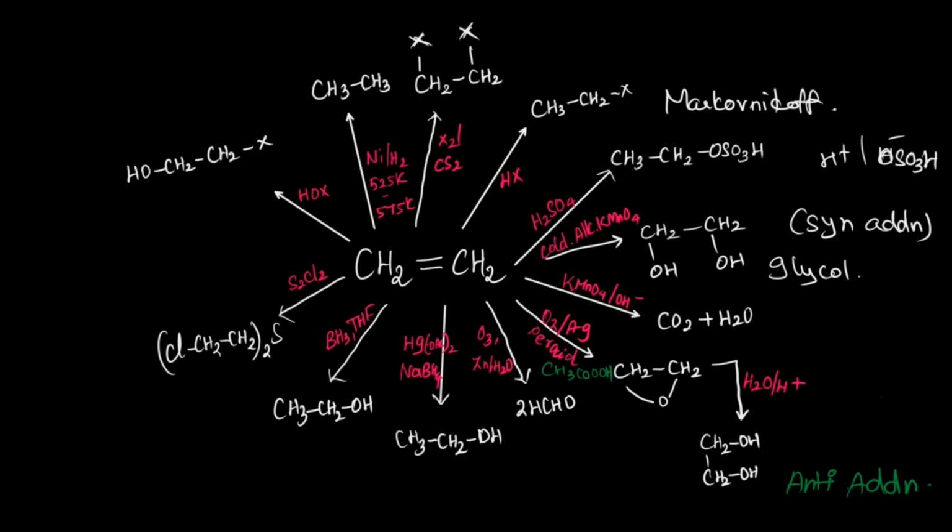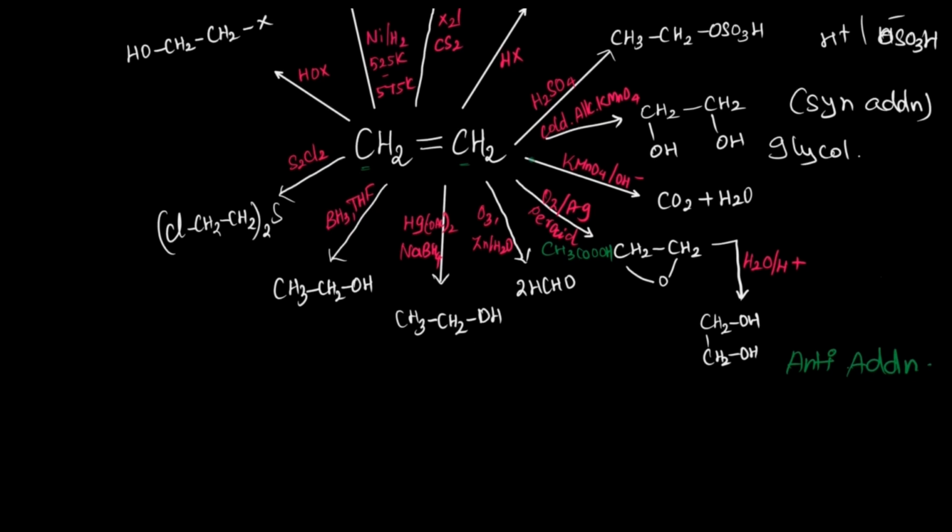Then comes ozonization, which leads to the formation of formaldehyde. Here I am having only 2 carbons, so formaldehyde has been formed. Whenever you are dealing with ozonolysis of a double bonded system, the simple trick you can follow is to break the double bond, put double bond O, and write the product, HCHO.